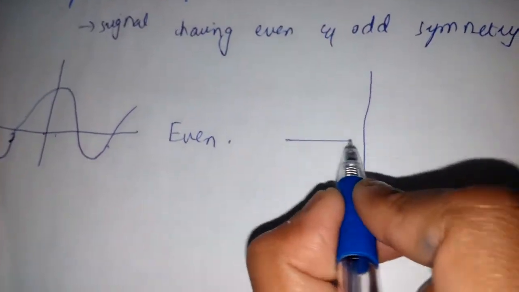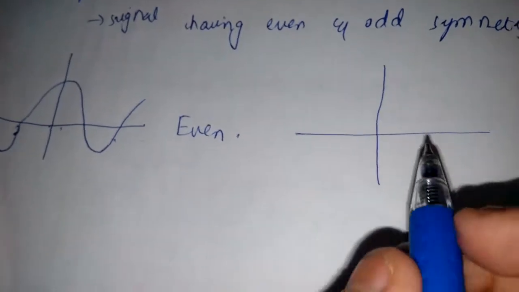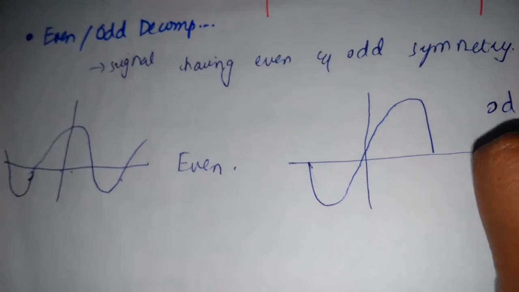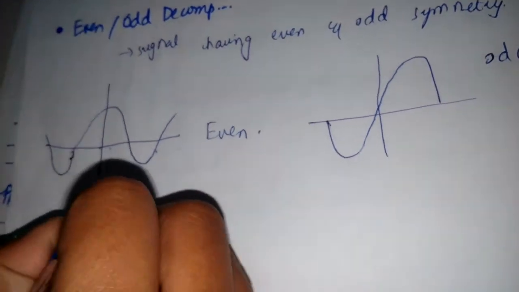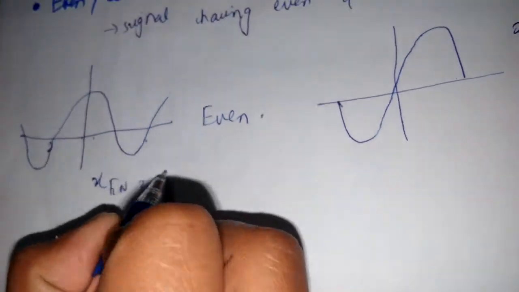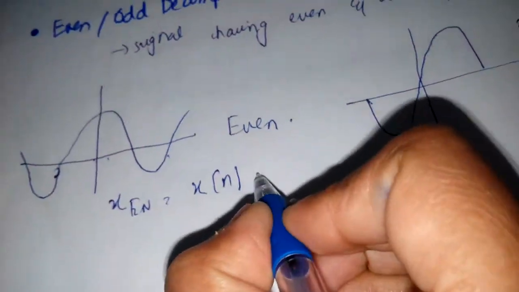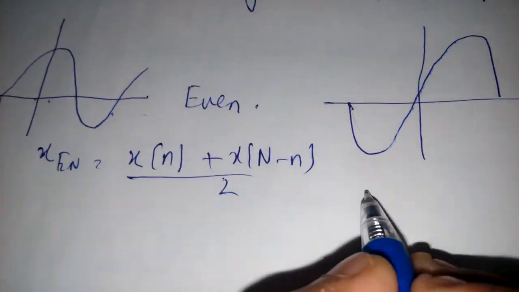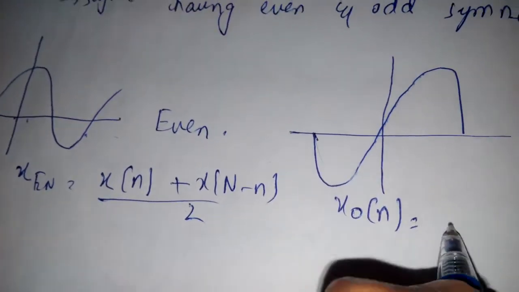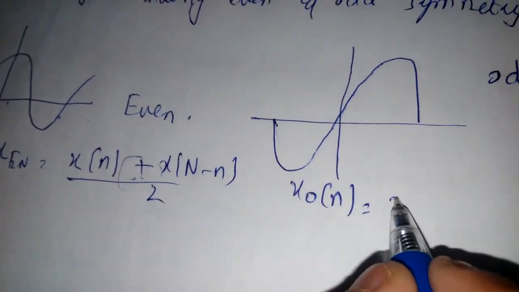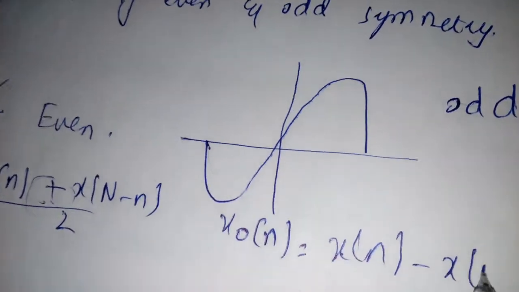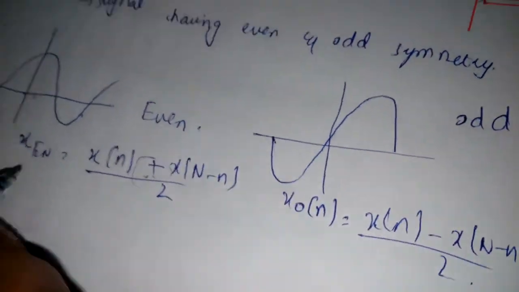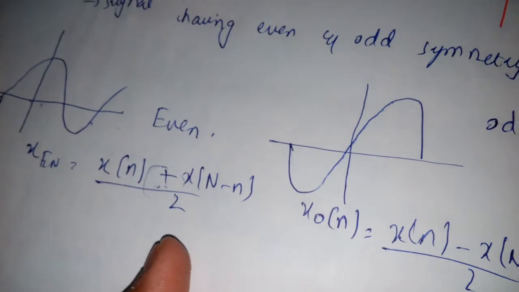But in an odd signal, one side is the reverse of the other side. The formula for even is x[n] plus x[-n] divided by 2, and for odd we place a negative sign instead of plus, also divided by 2. We can solve the example by these two formulas.